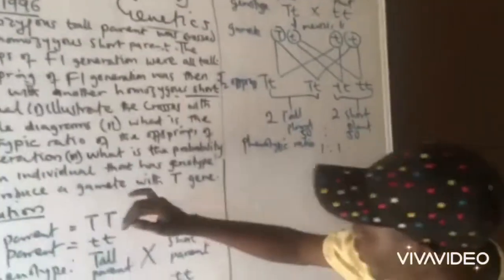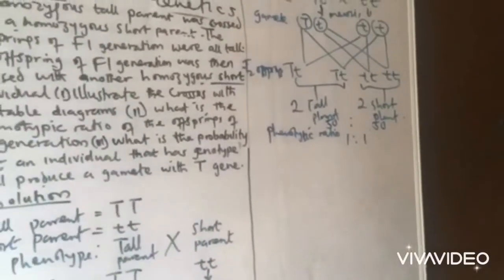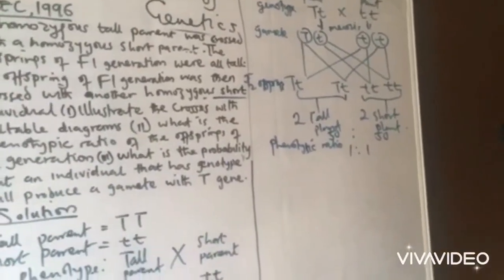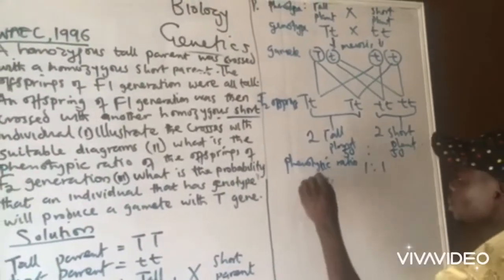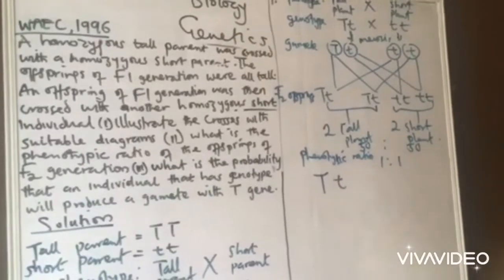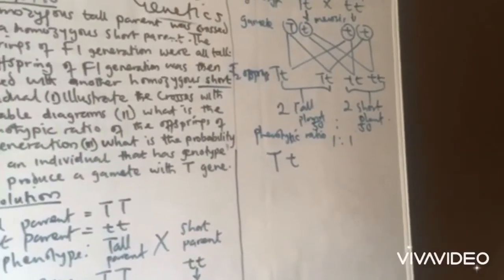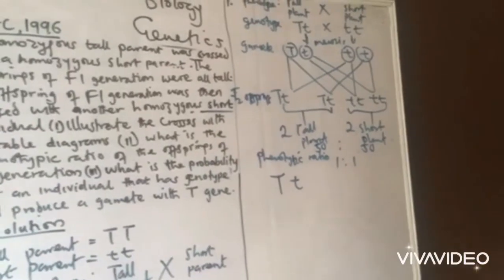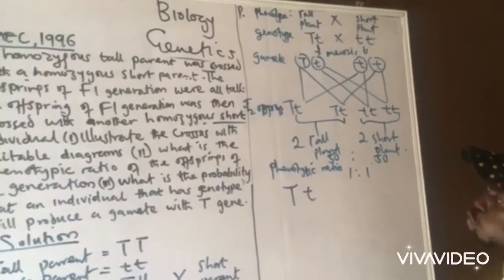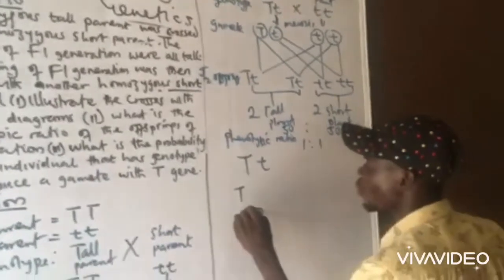So they say that the probability that the individual that has genotype will produce the gamete. So we see that the individual has capital T and small t genotype. The genotype of the individual is capital T and small t. So at the end of the day, we discover that it produces 2 kinds of gamete in equal proportion.